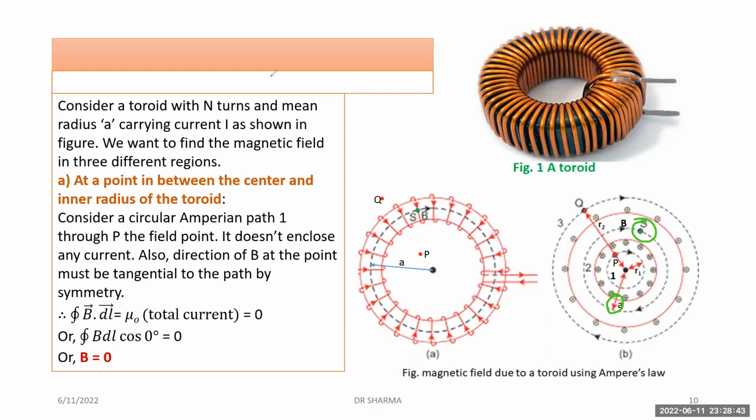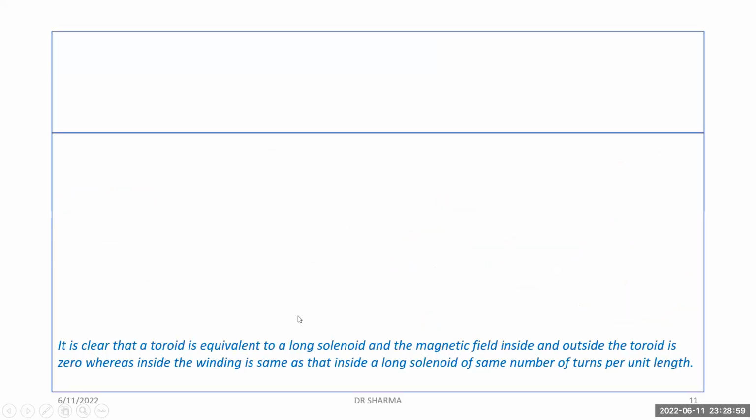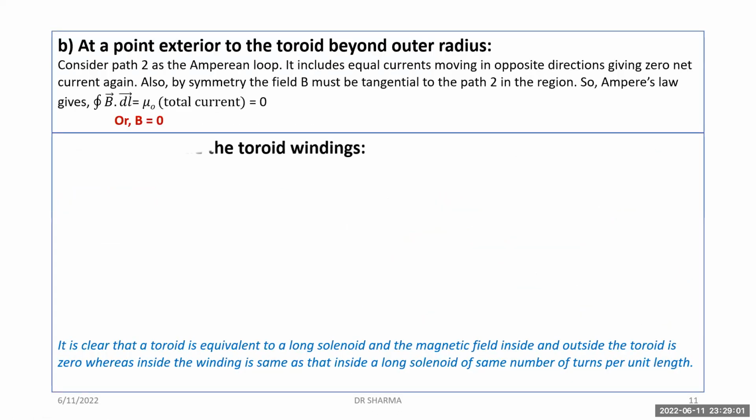And according to Ampere's circuital law, the line integral of B dot dl through that circular loop would be equal to mu naught times N times I. This is just the statement of Ampere's circuital law.